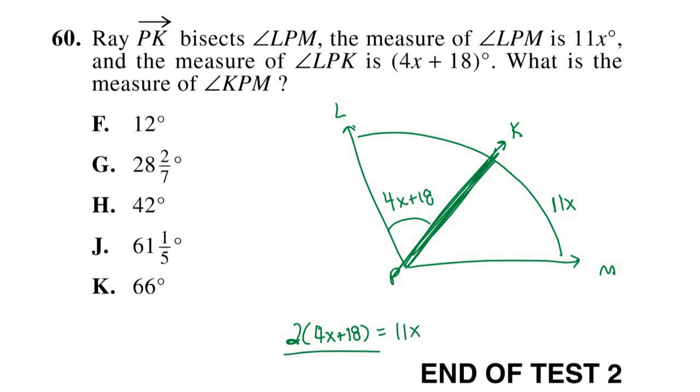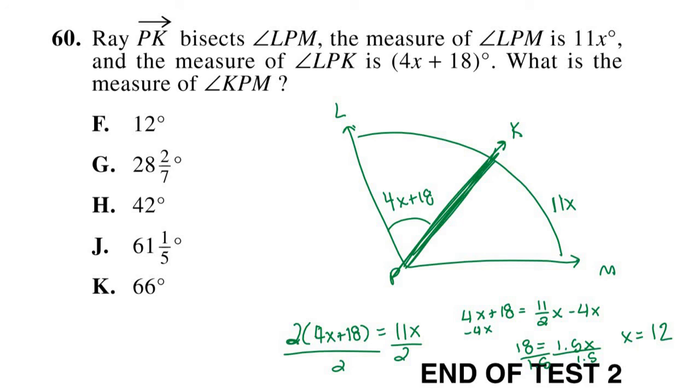From here, we can solve for x, so we're going to get 4x plus 18 is equal to 11 over 2 x, subtract 4x, 18 is equal to 1.5x. Now you divide by 1.5, x is equal to 12.